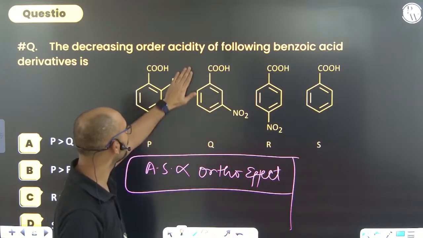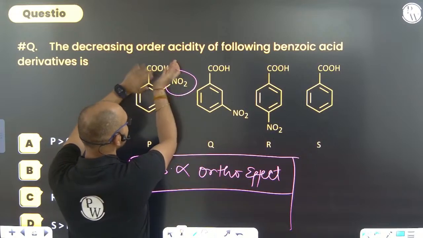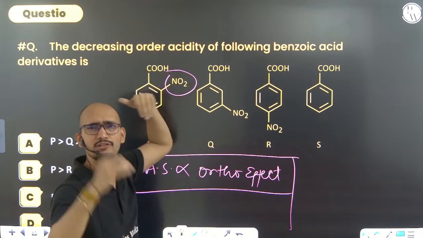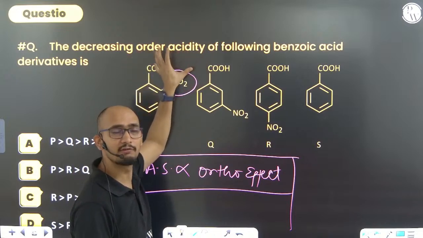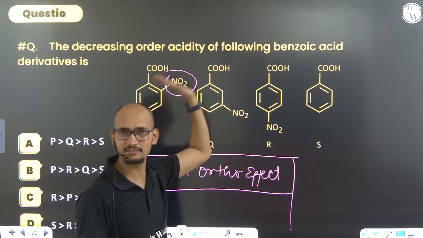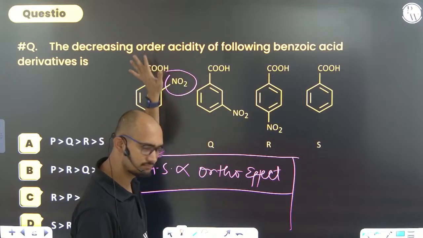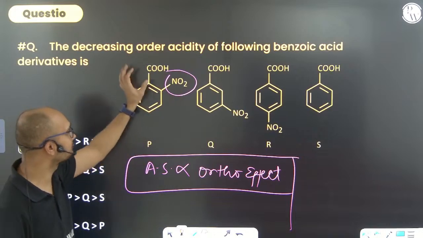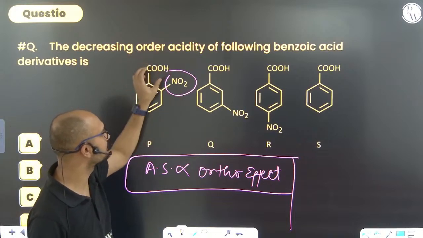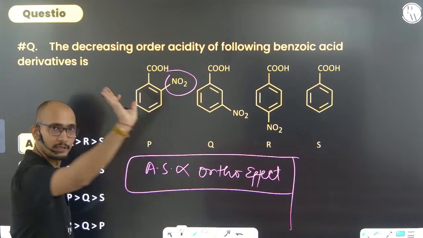Why? Because as the nitro will be there, COOH will go in another plane, and there the conjugation will be so good that after removal of the H ion, it will form a very stable negatively charged conjugate base. So therefore, it will be more stable. So ortho effect is सबसे ऊपर ortho effect.